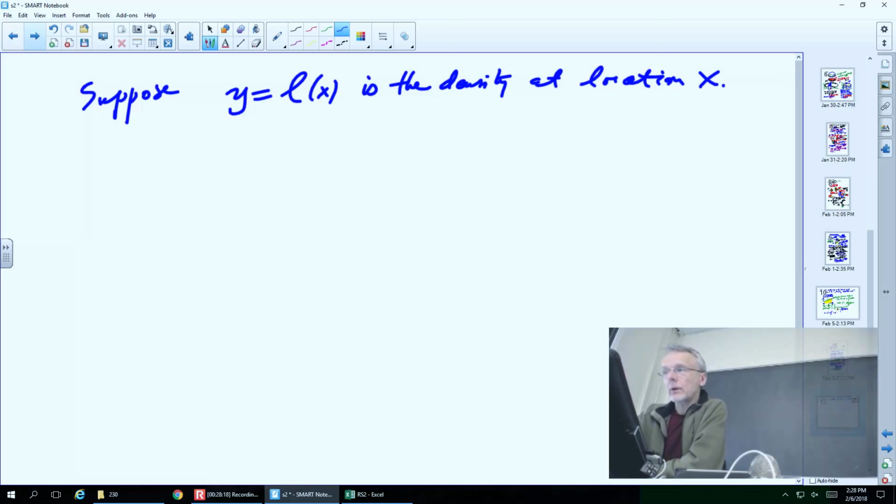And then we keep going. There aren't too many locations. We have, say, x1. No, I want to have a Riemann sum. So they're going to be C1, C2, C3, Cn.